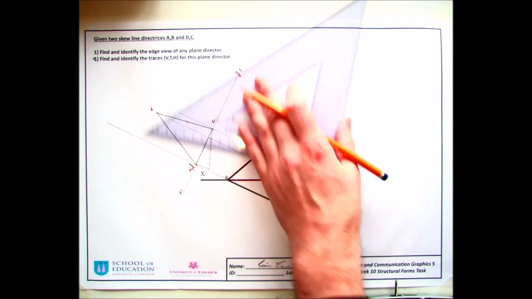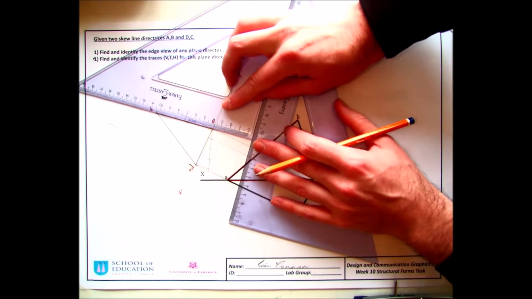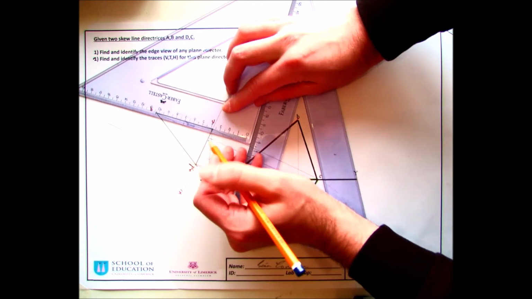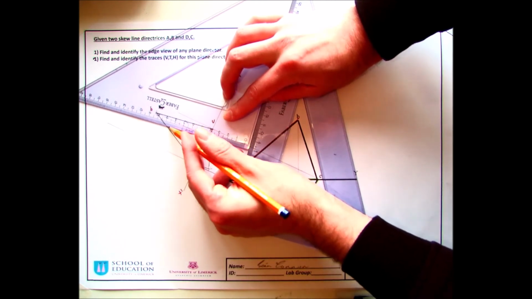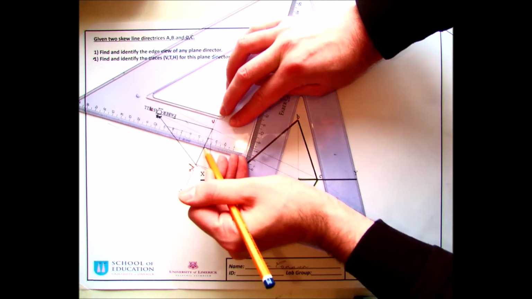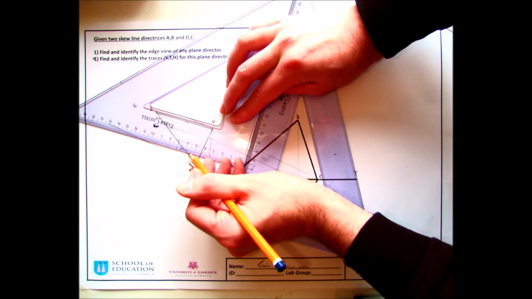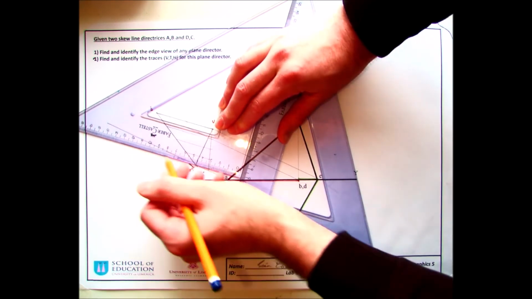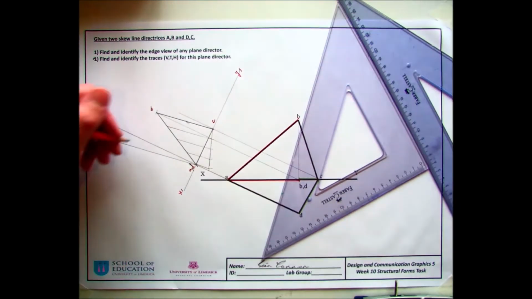Like so. 4 parallel lines, to basically get 4 lines on the surface of my hyperbolic paraboloid, like so. Now I'm going to also extend the line out here just to show that this is my plane director.